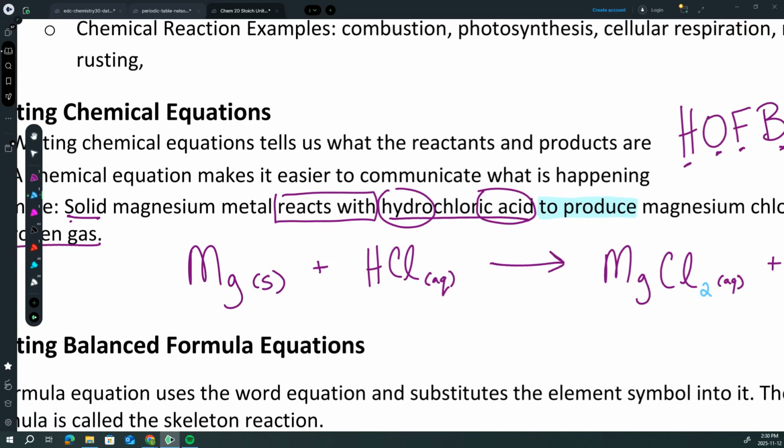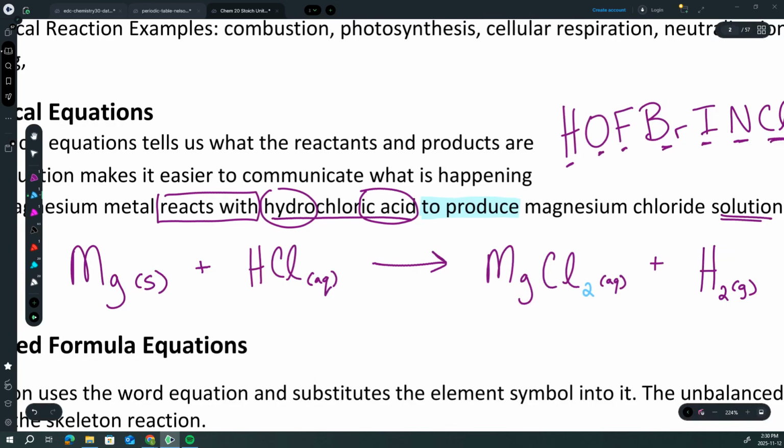When I say balanced, I mean we have the same amount of each element on both the reactant and product side. For hydrogen, we have 1 going in, but 2 coming out. So I'm going to place a 2 as a coefficient in front of hydrochloric acid so that we balance out the hydrogens.